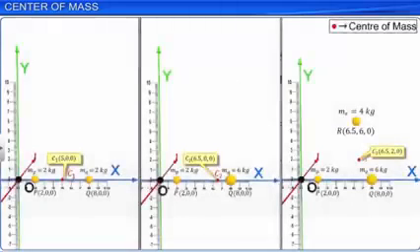On observing the above cases, we can regard the center of mass of a system of particles as the mass-weighted average location of the constituent particles.